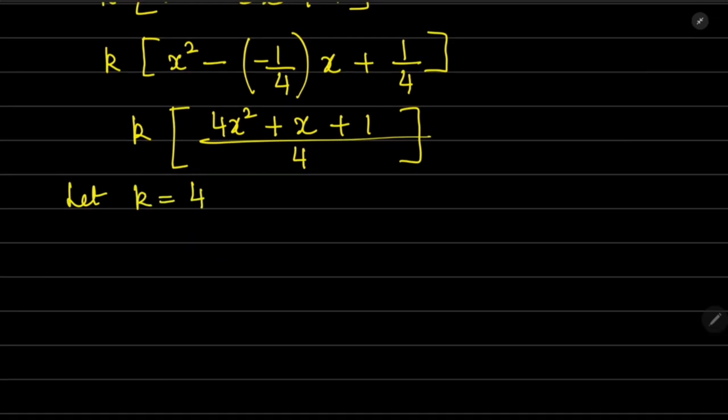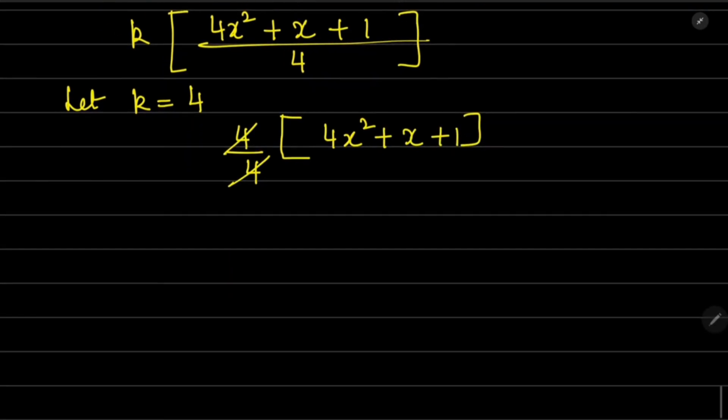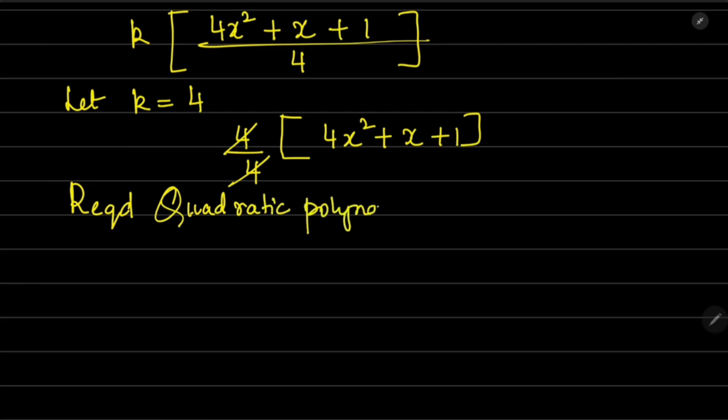So you will have 4 by 4 multiplied by 4x square plus x plus 1. 4 gets cancelled. So the required quadratic polynomial is nothing but 4x square plus x plus 1. That's your answer.